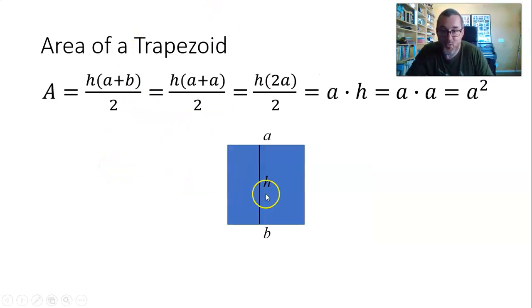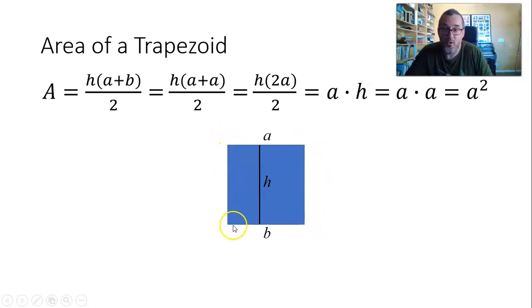Now what about the square? A square is a trapezoid because it's a quadrilateral with at least one pair of parallel sides. So we should be able to find the area of a square with that one formula. Let's see. So h times a plus b divided by 2, but since this is a square, a and b are the same length.